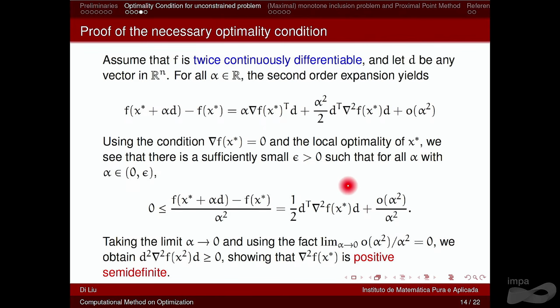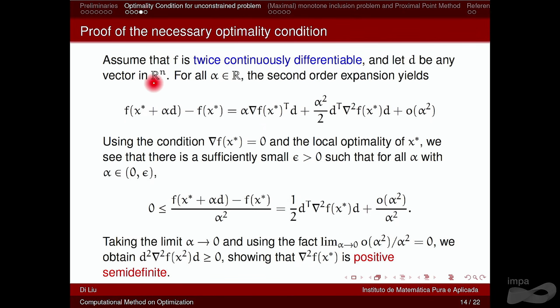So we have this term, 1 over 2 d transpose the Hessian of f at x star times d, plus o of alpha squared over alpha squared, is greater than or equal to 0. Then we take the limit as alpha approaches 0, using that the last term approaches 0, so we get that this term is greater than or equal to 0 for any vector d in Rn.